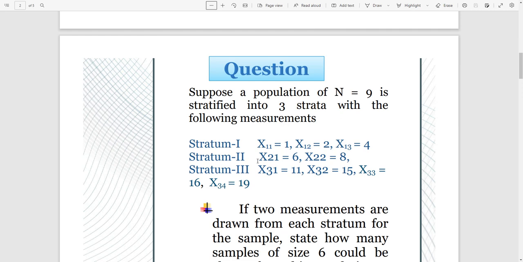Stratum 2: x21 is 6, x22 is 8. Stratum 3: x31 is 11, x32 is 15, x33 is 16, x34 is 19. So stratum 1 has 3 observations, stratum 2 has 2 observations, and stratum 3 has 4 observations.